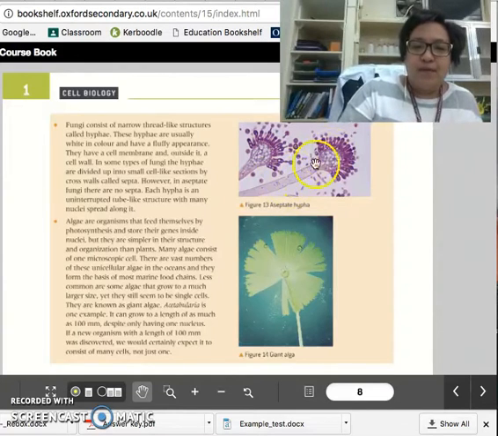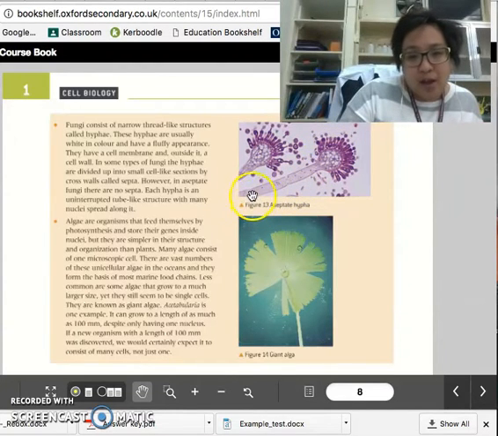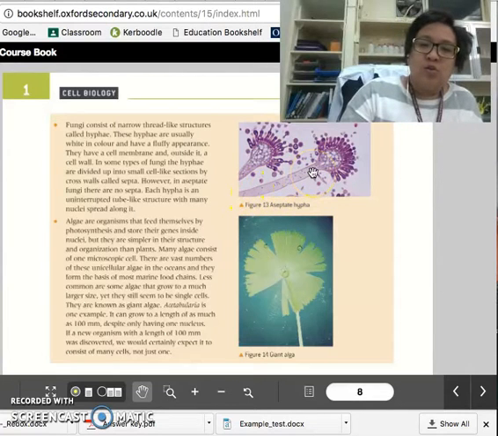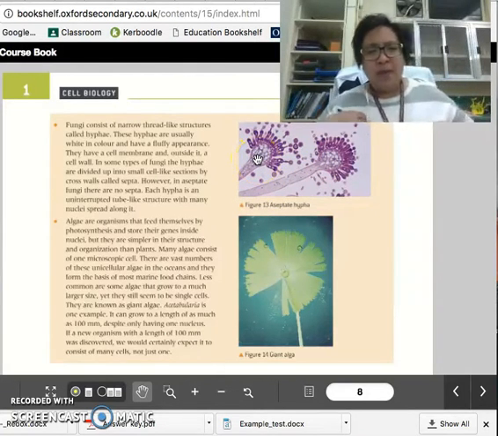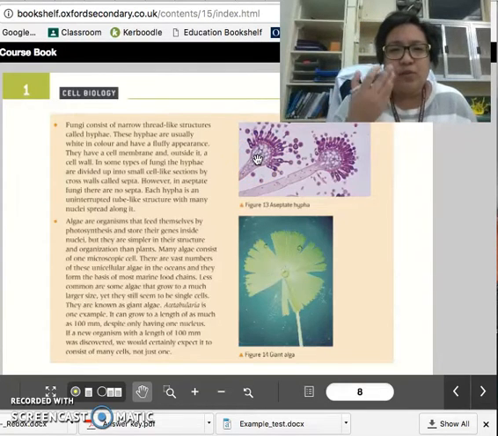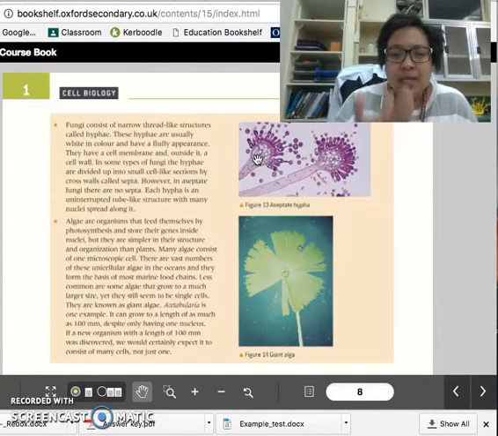However, some hypha, those aseptate hypha, if you compare this and this, as you can see, there's no separation, there's no septum, there's no septa here. So some hyphae can be aseptate, no septa, or have those subcellular partitions. So again, it looks very different from a typical cell.